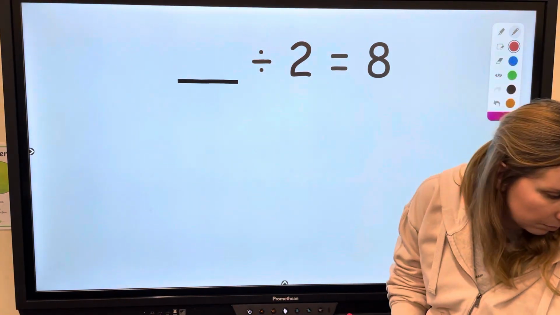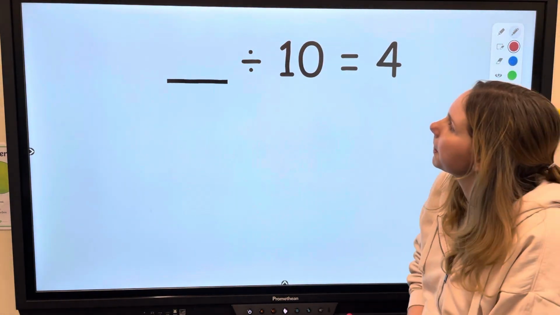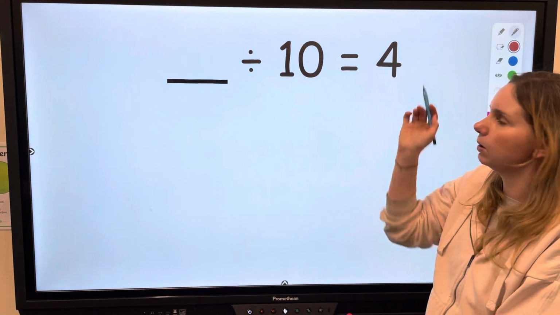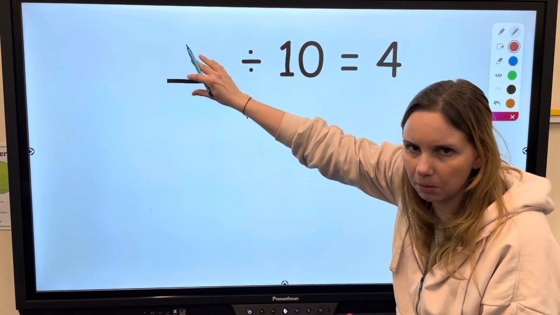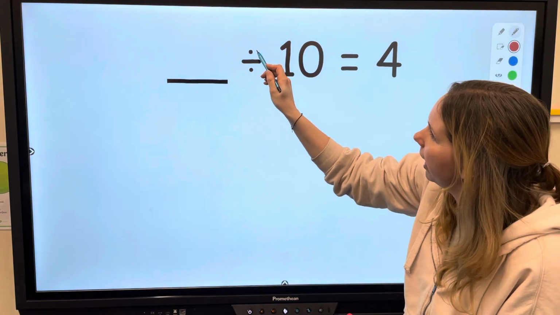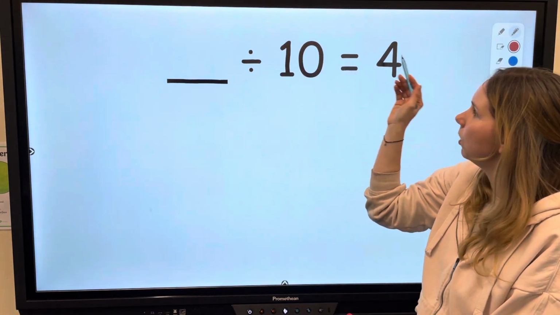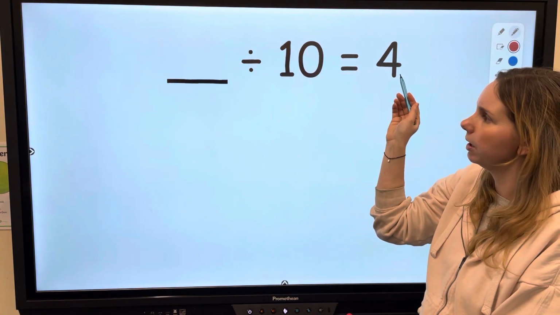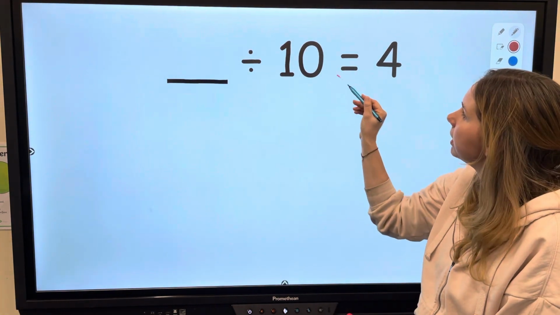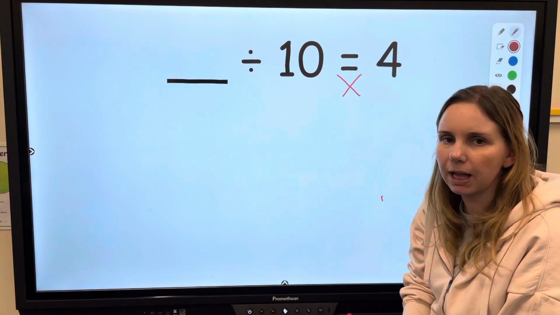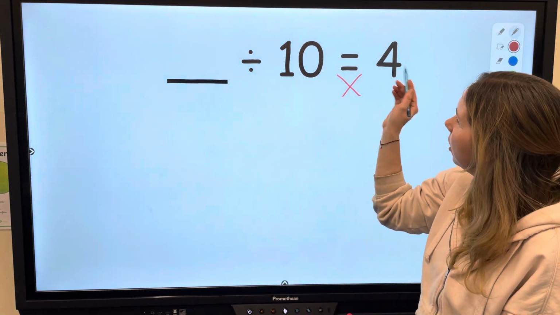Let's have a look. Something divided by 10 equals 4. So how can we work out this? We know there's a missing number. We know we should be sharing it into 10 groups with 4 in each group. But because these are next to each other, I can do the inverse. So I'm going to multiply. 10 lots of 4.